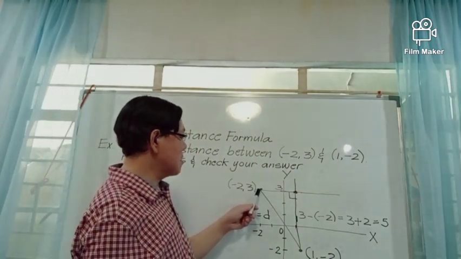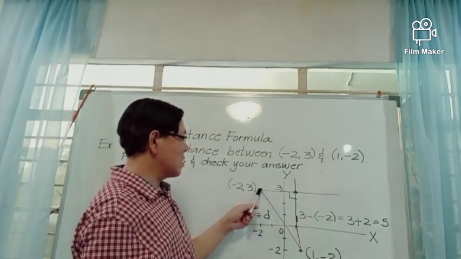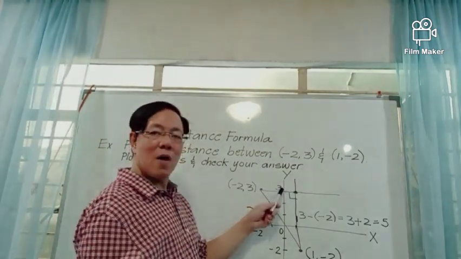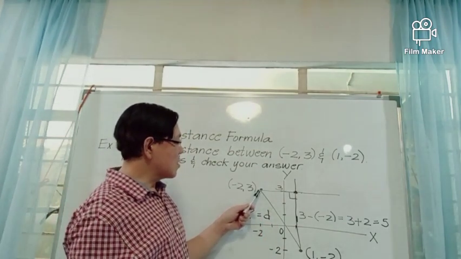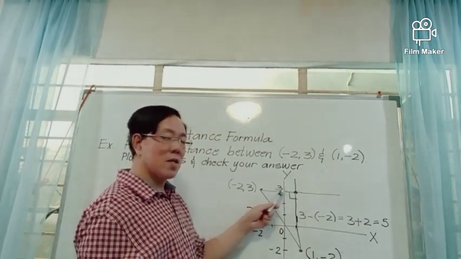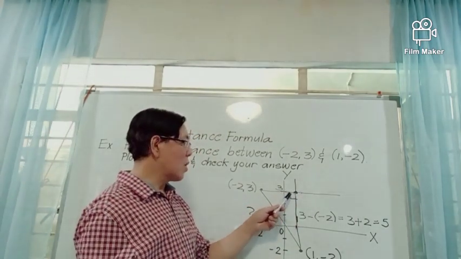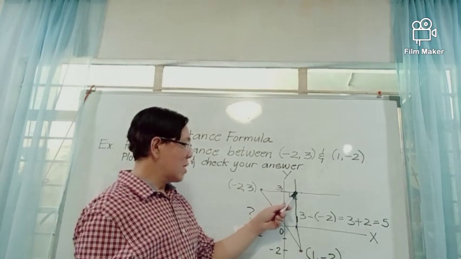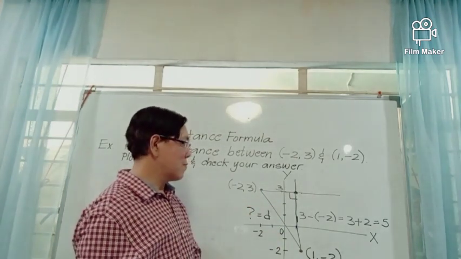Next, we get the distance between these 2 points. That will give the length of this side of this right triangle. These 2 points are points on the same horizontal line. So this point and this point have the same ordinate 3. And when you get the difference of the ordinates of this point, you will get 0.